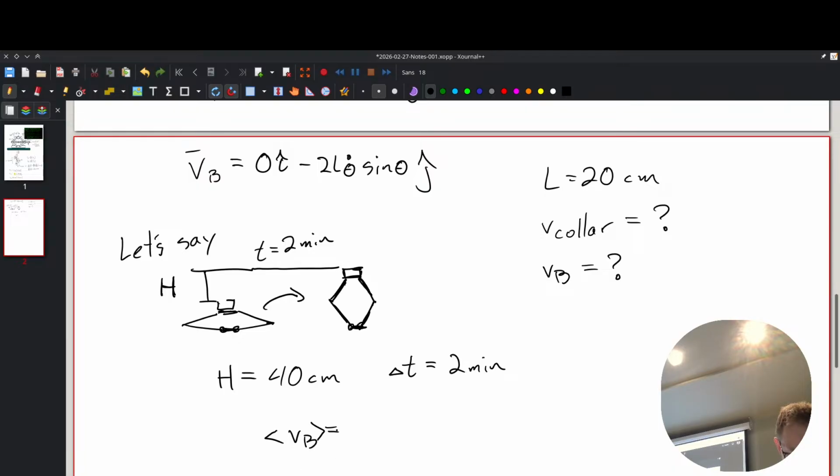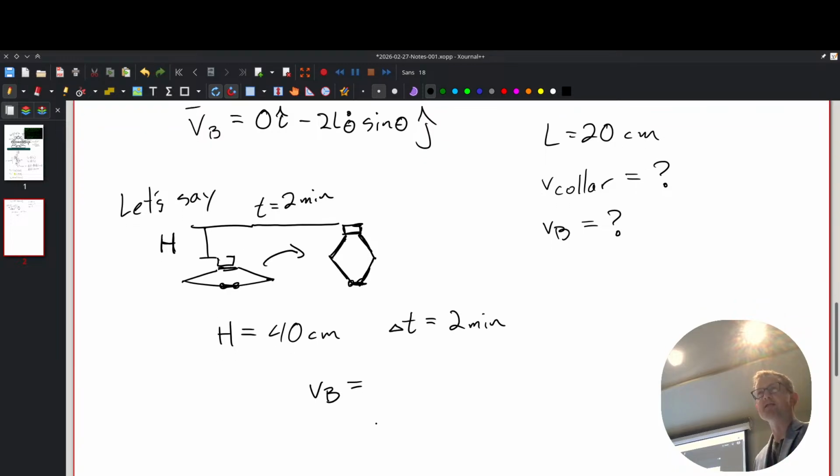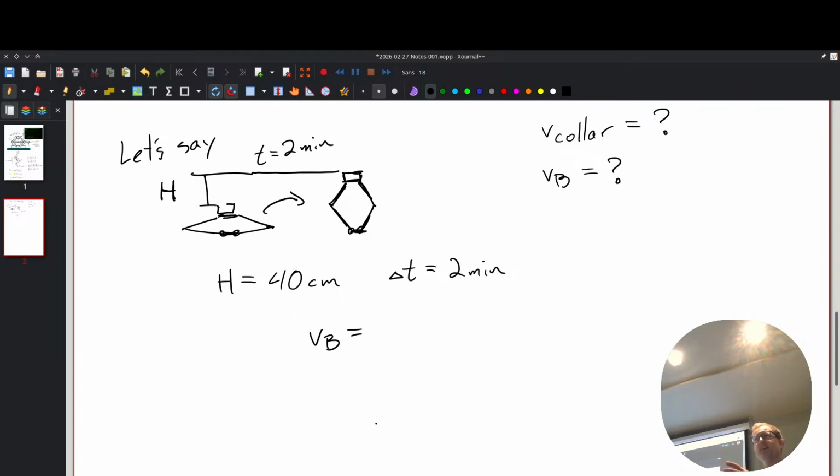I'll put little arrows to say average speed, or we could call the average the actual. We're engineers. The average is the real. Have you noticed that in engineering, once you get the average number, that is your design? You just design around the average.